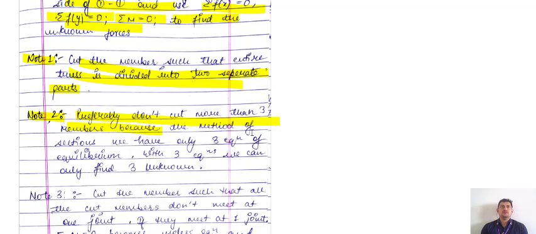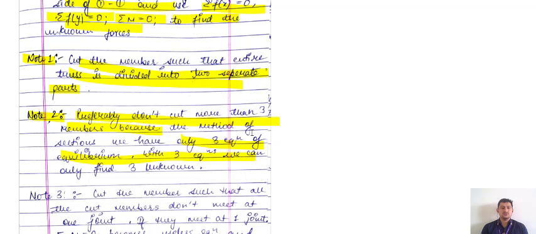When you are doing method of section, you don't cut more than 3 members until and unless there is a condition, which I am going to tell you about. In the method of sections we have only 3 equilibrium equations: summation Fx equal to 0, summation Fy equal to 0, and moment about a point equal to 0. So you can only find 3 unknown forces.